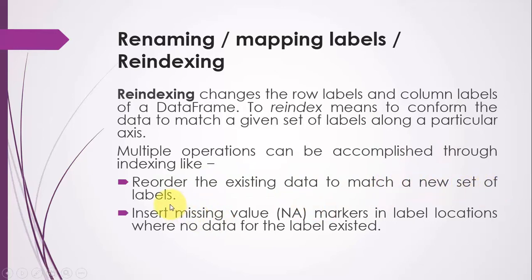For example, if labels are unsuitable to you, you can give new labels which are more suitable. And if a label is missing somewhere, then you can give a new label or a new series of labels, right?